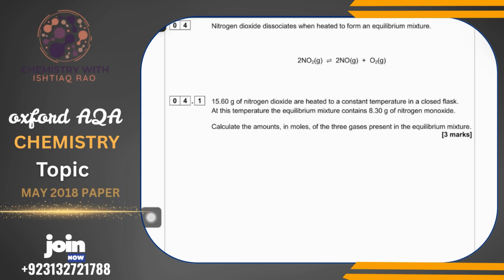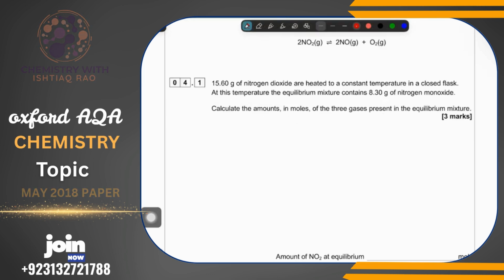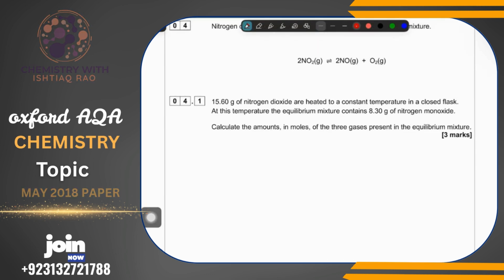So can I just do this amount in moles thing? Number of particles is equal to number of moles times Avogadro's constant. Basically, we have to find the number of moles, which is mass over Mr. Mass is 15.60, Mr of NO2, nitrogen dioxide.